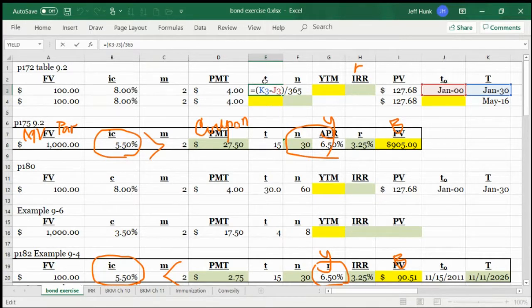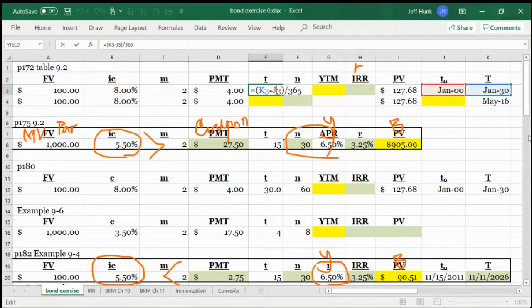But instead of entering 30 manually, I did it this way because this is more logical, right? You subtract T0 from uppercase T, or the terminal time. Why do I divide it by 365 then?